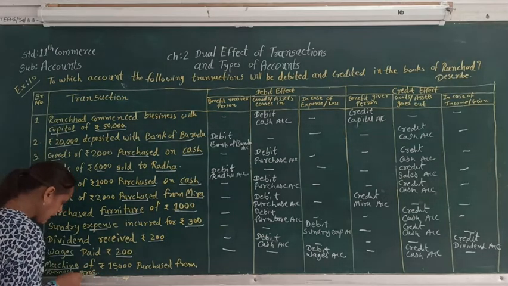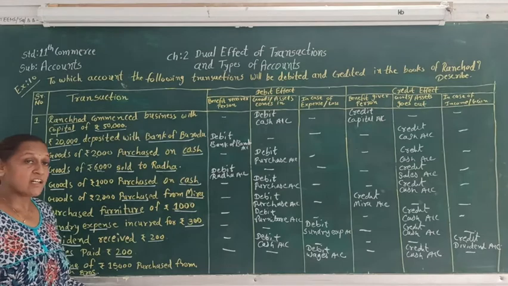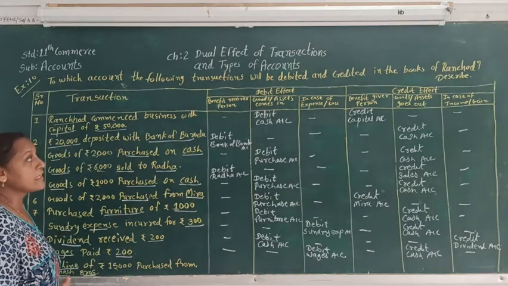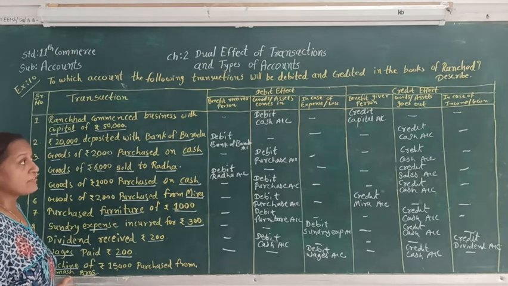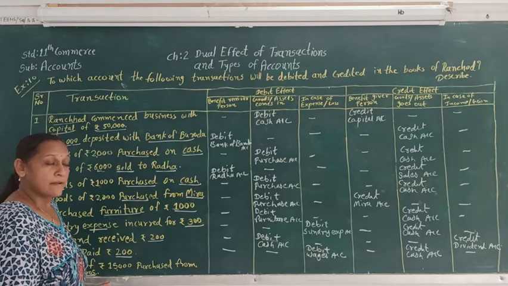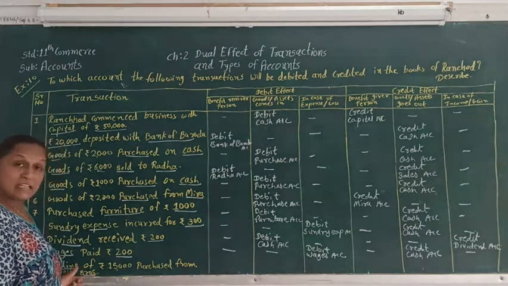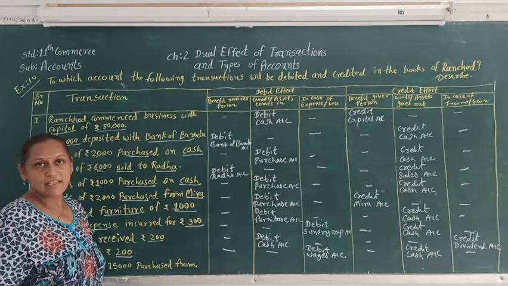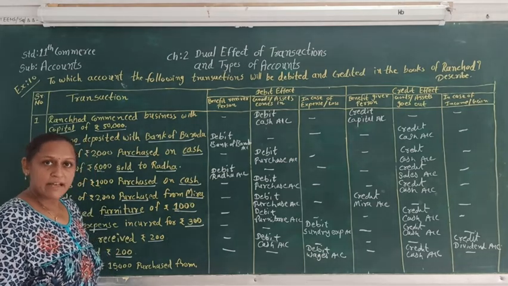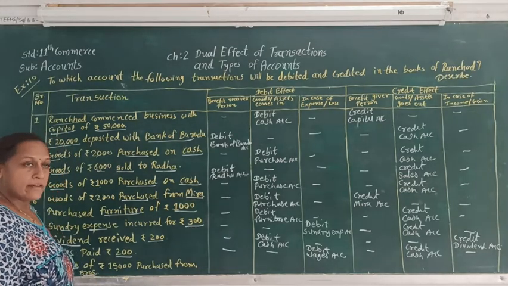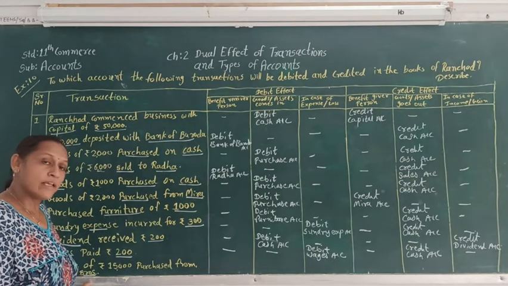So Ramesh brother is the one who has given us the benefit of the machine. He is a benefit giver to the business. So Ramesh brother's account is going to be credit, and machine, as we know, is an asset, and when an asset is coming in the business, we debit it. So the machine account is going to be debit and Ramesh brother's account is going to be credit.